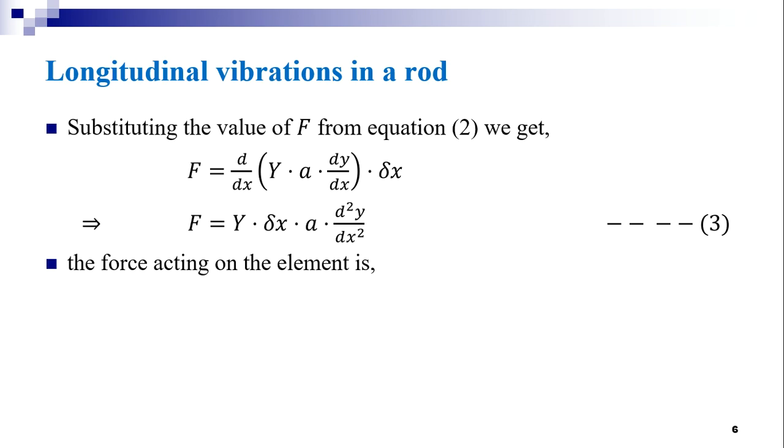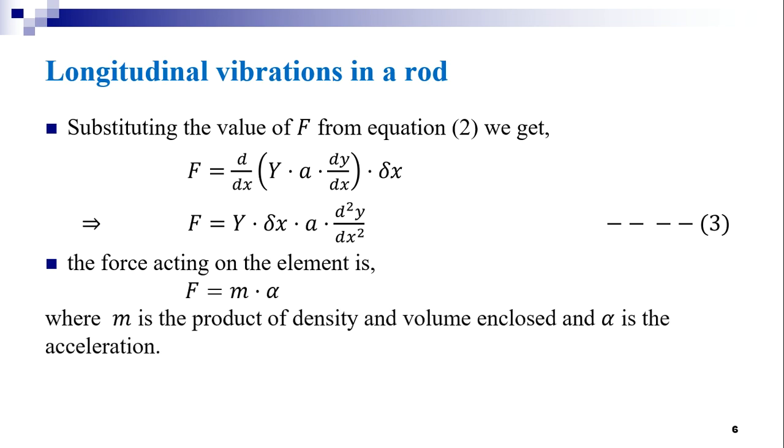According to this equation, we can write F is equal to rho into delta x into A into d square y by dt square, where rho is the density of the material of the rod.